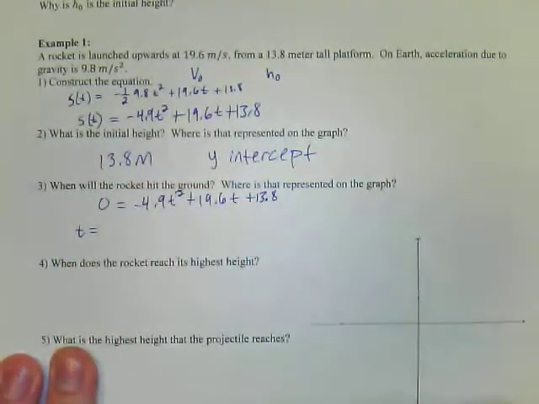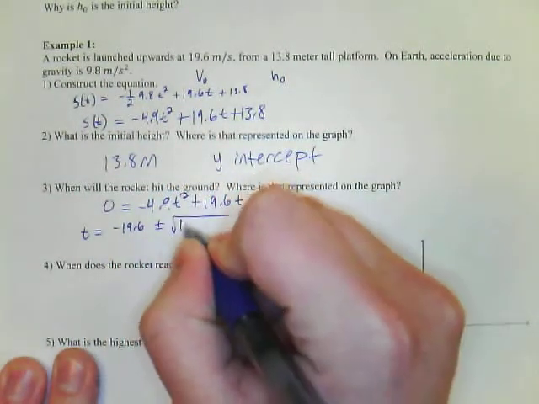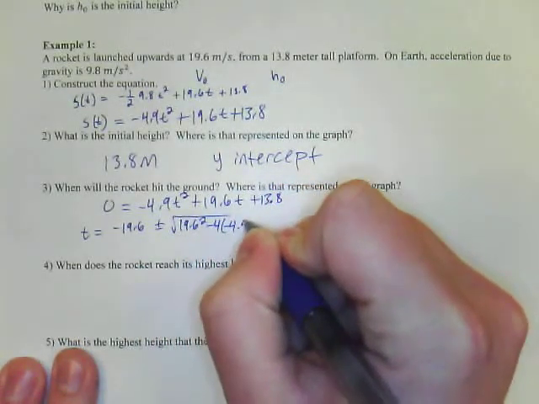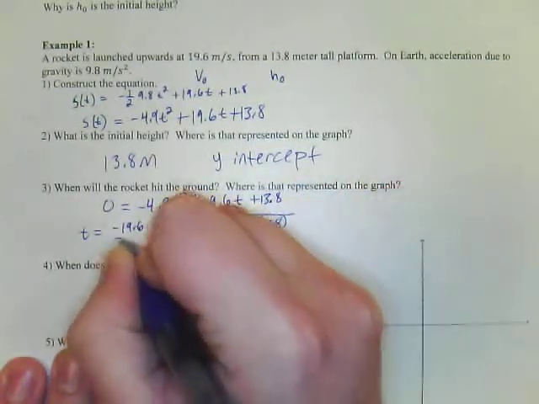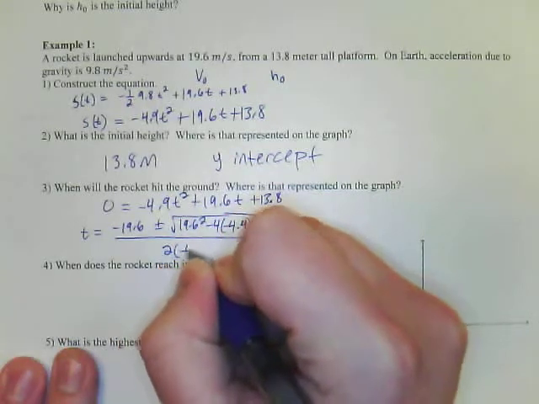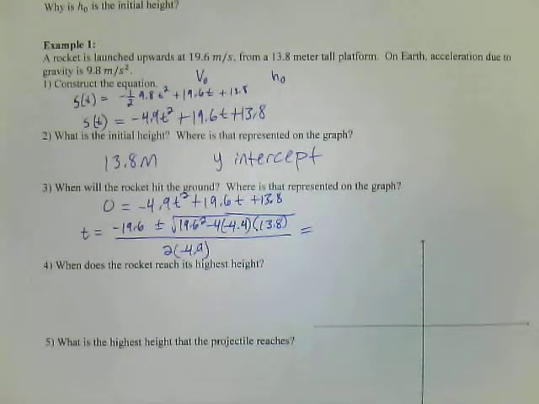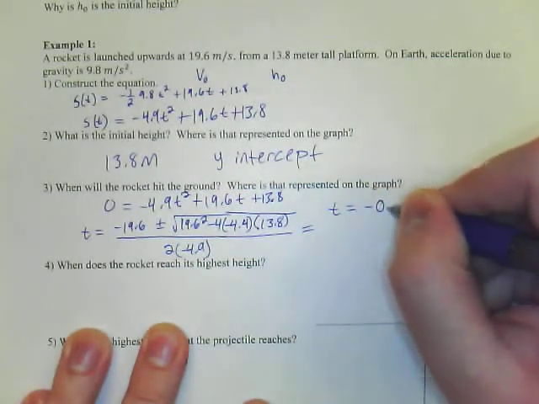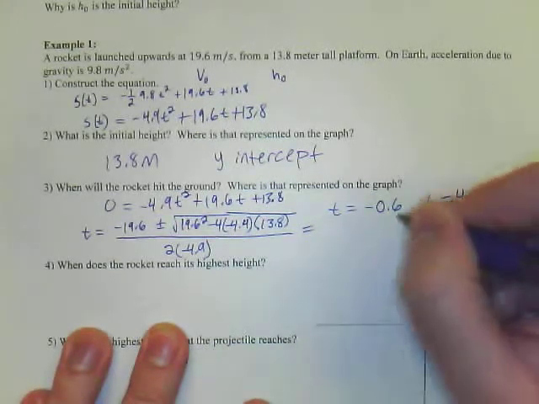So then t is equal to negative 19.6 plus or minus the square root of 19.6 squared minus 4 times negative 4.9 times 13.8, all over 2 times negative 4.9. Since you should have a good grasp of the quadratic formula by this point, I'm just going to assume that you can work that through. The two values that you get then should be t equals negative 0.6 and t equals 4.6, and these would be seconds.